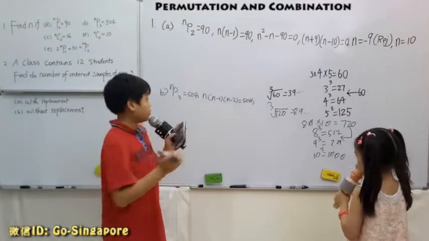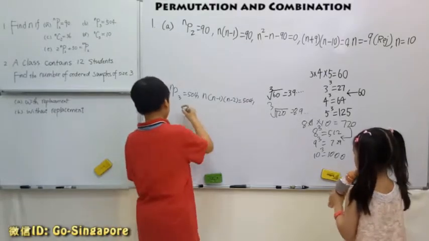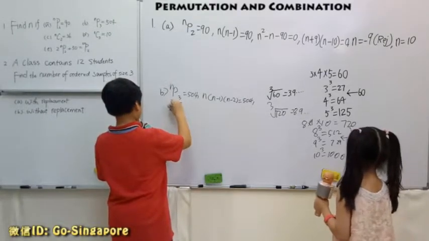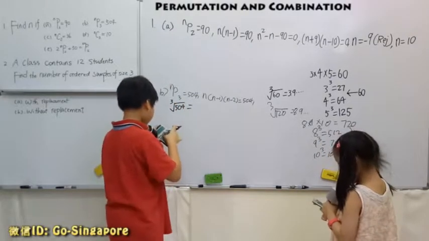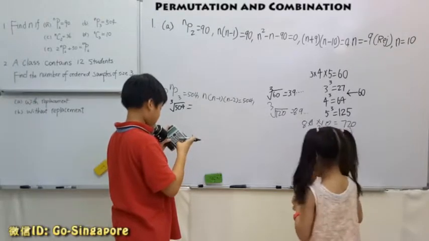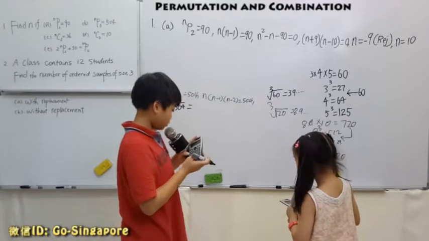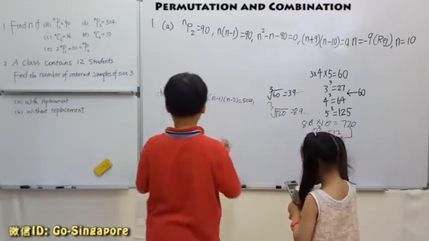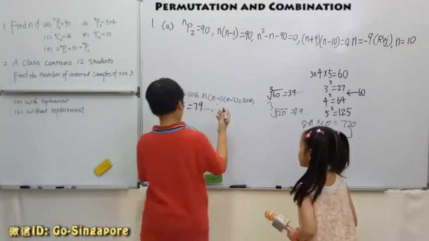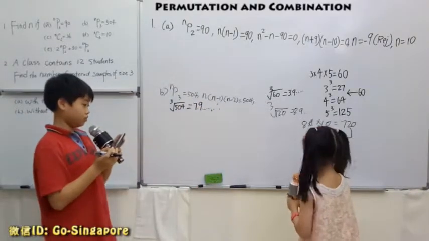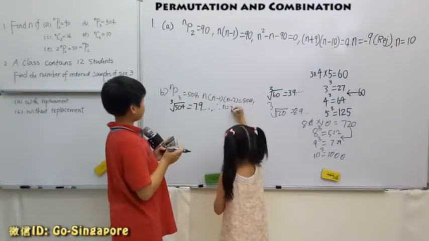Yes. Okay, so right now we have this number, 504, right? Okay. So can you tell me what is the cubic root of 504? The cubic root of 504 is 7.9 something. Okay, so like this, n will equal 7.